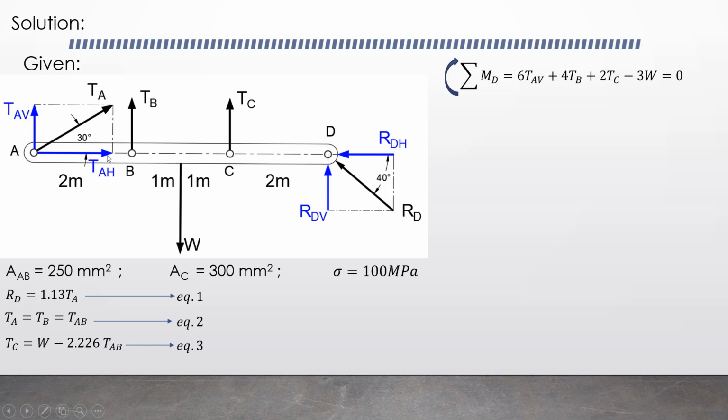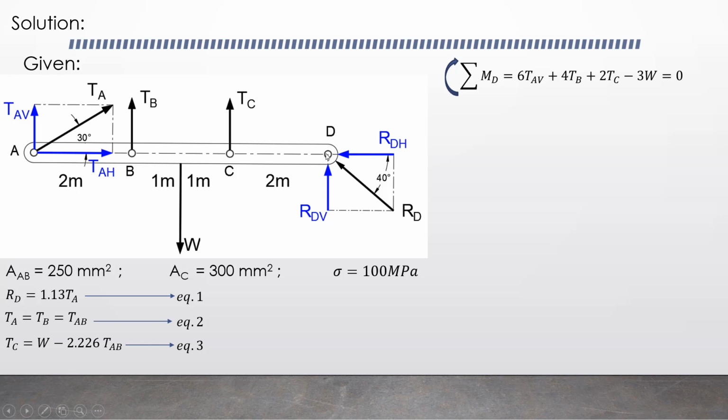So we're going to cancel the horizontal component of tension A. And then next, we have tension B. Tension B is 4 meters from point D, and it tends to rotate the body clockwise. Okay, so we're going to use a positive sign. We're going to add that one. And then next one is the tension C.